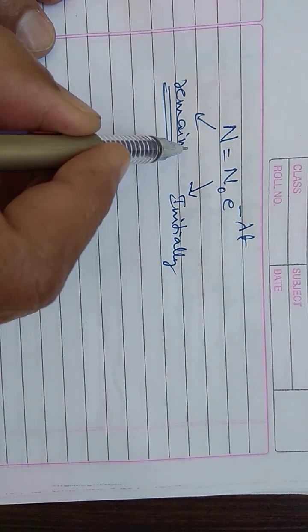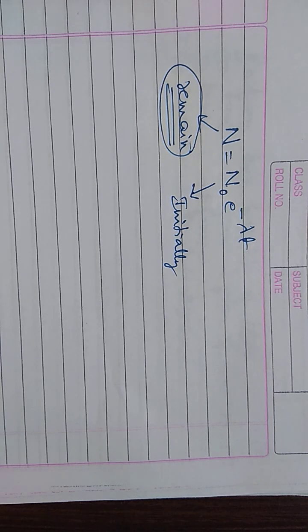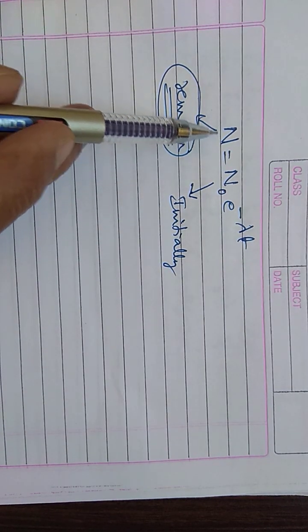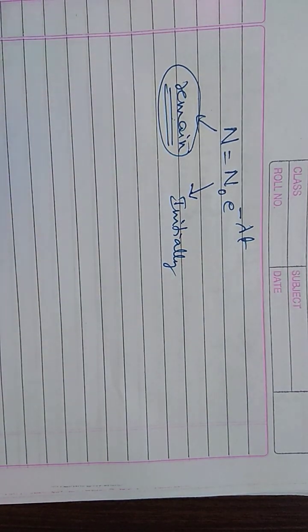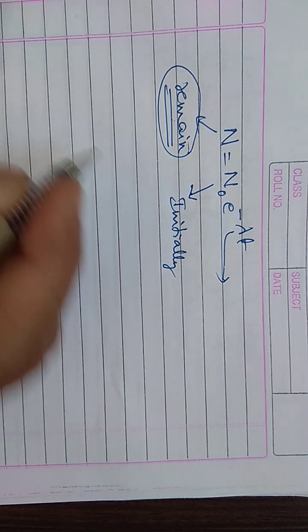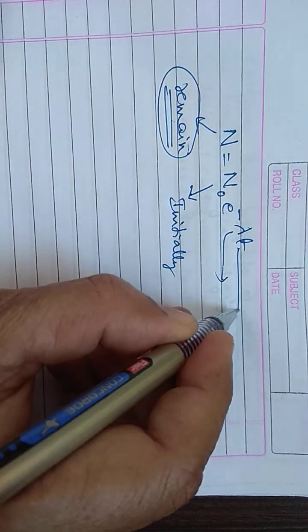N is how many atoms are intact. How many atoms are remaining. In the case of radioactivity, the number of atoms that have disintegrated has no use. After disintegration, how many atoms are remaining, depending upon that radioactivity goes on. And lambda is called the decay constant or disintegration constant.